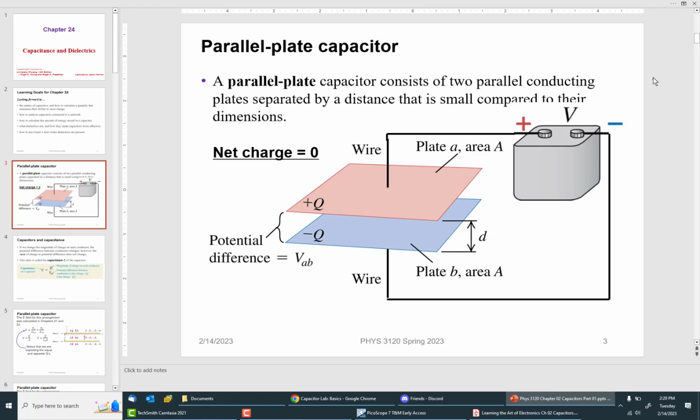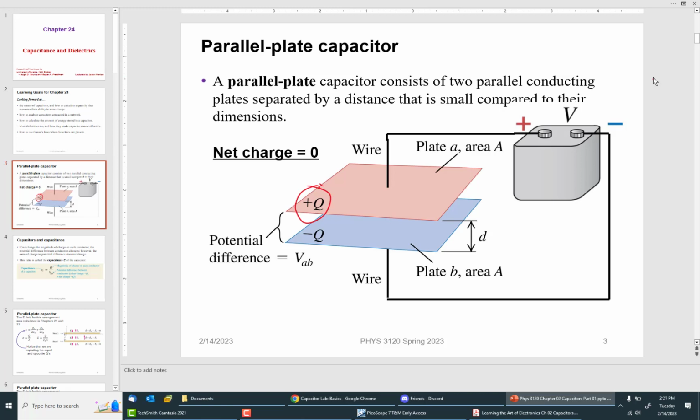You talk about the area of the plates, the potential difference between them, and the Q of the plates. Now, the net Q is 0, but you always talk about the charge on a capacitor. So you just think of it as a positive Q. No one ever puts a sign on it.